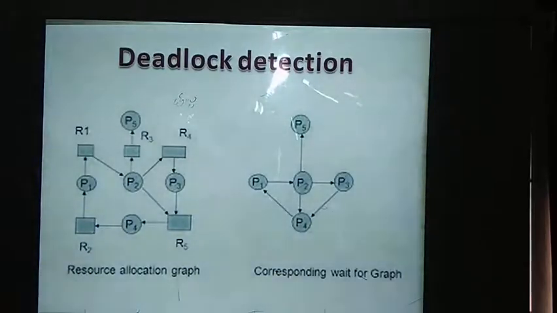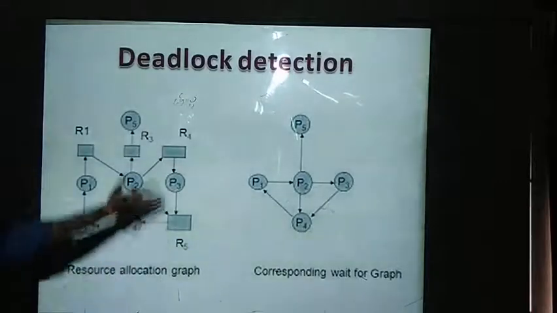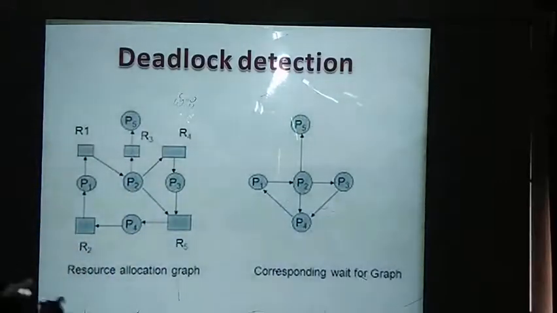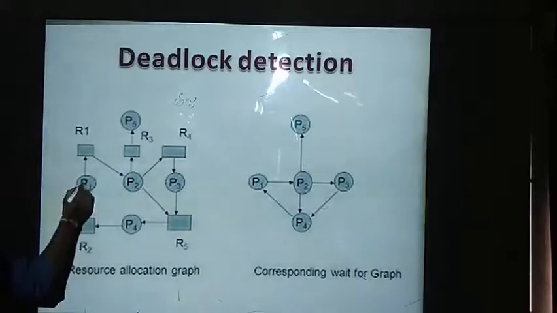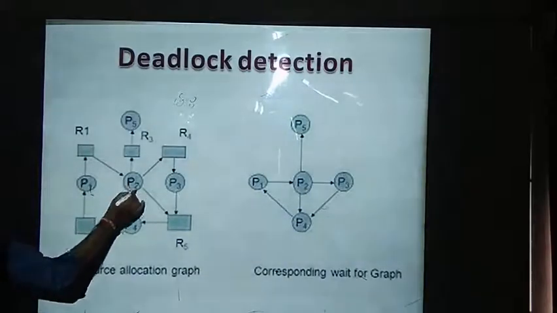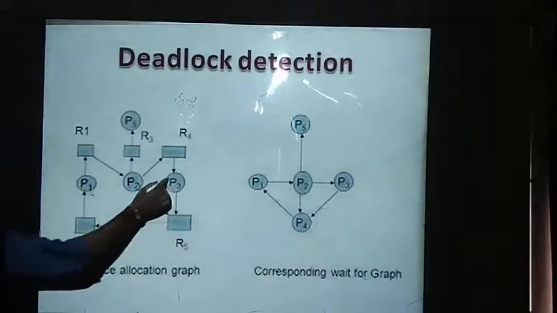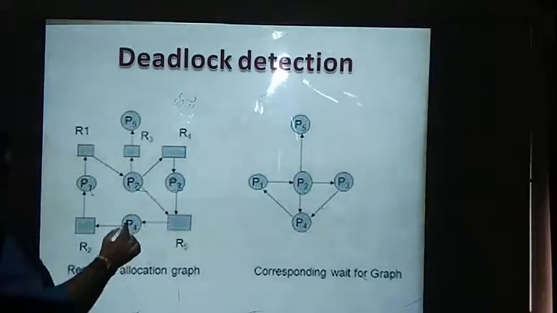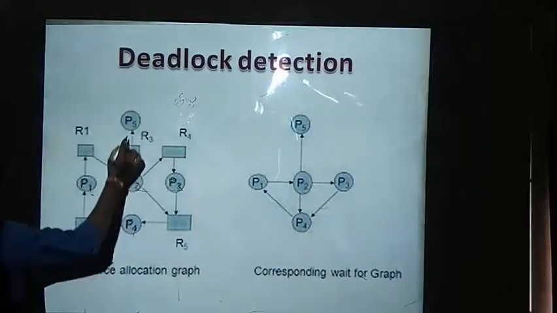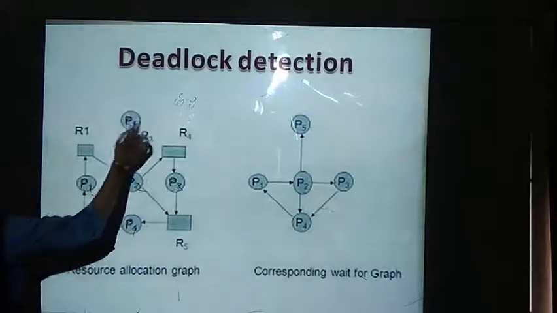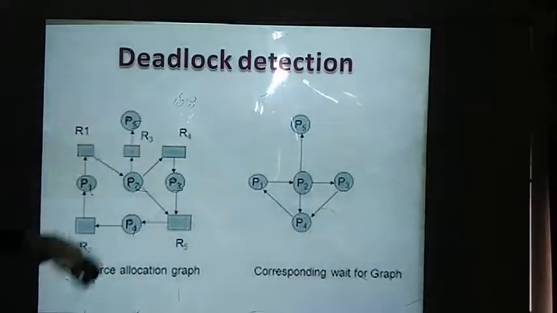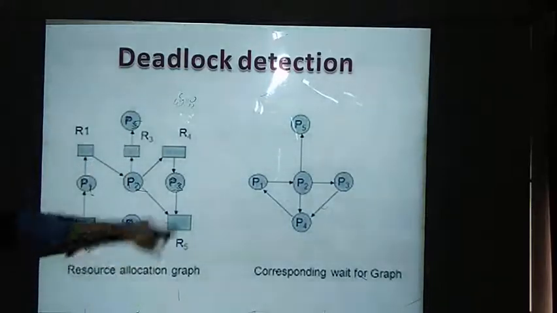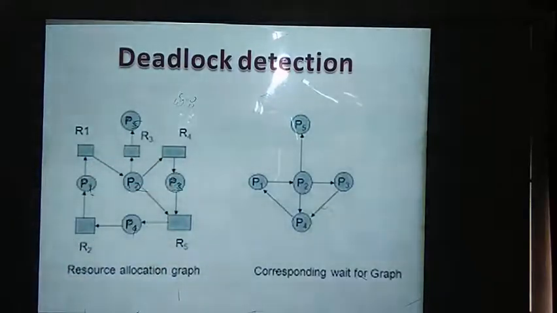Now let us try to understand that with an example. Consider this is your resource allocation graph. Here the processes are P1, P2, P3, P4 and P5, and the resources are R1, R2, R3, R4 and R5. We have 5 processes and 5 resources.